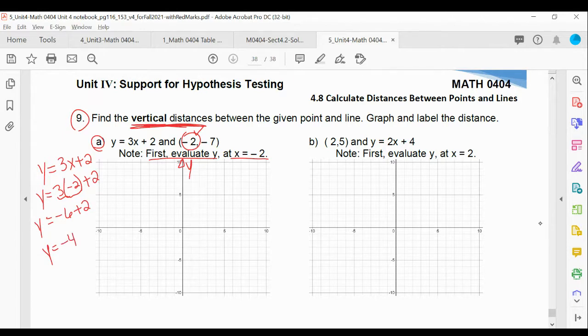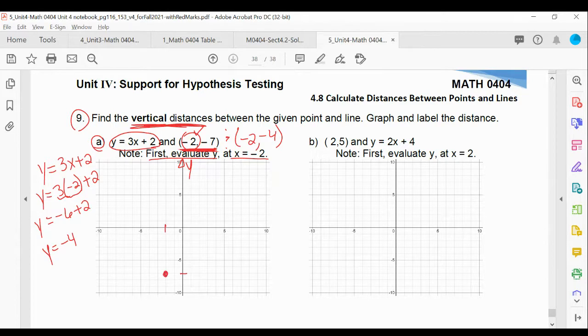So the point that is on the line is x = -2, y = -4, and we want to find the vertical distance between this point and the given point. Let's just plot those two points. We go to -2 on the x-axis, and y is -7 on the y-axis.